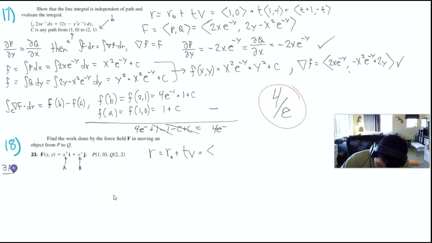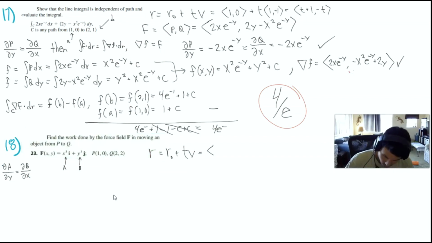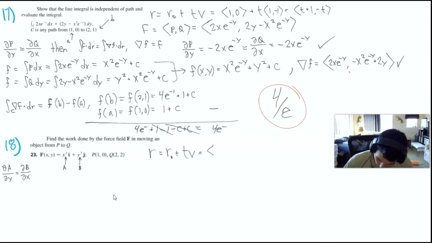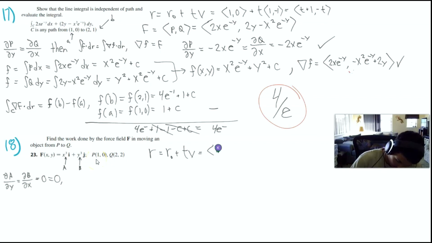Is dA/dy equal to dB/dx? Well, what's dA with respect to y? 0. What's dB with respect to x? 0. Okay, so it's a conservative vector field. That's all we needed to know. Therefore, any path can work here. So let P be our starting point and Q be our ending point.